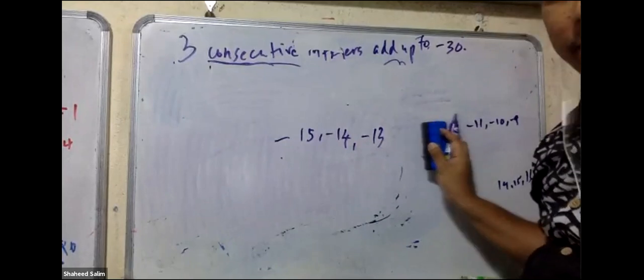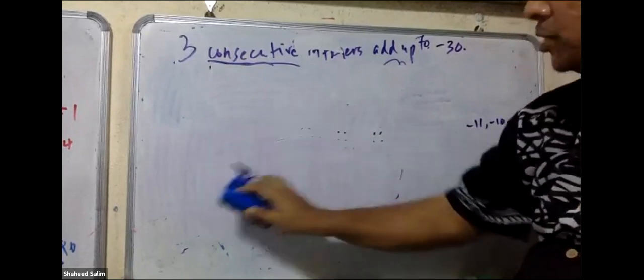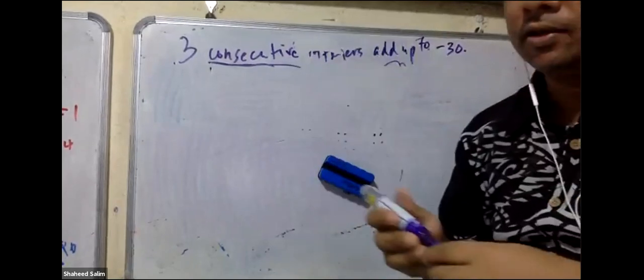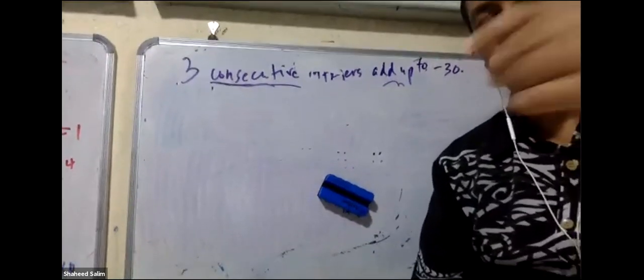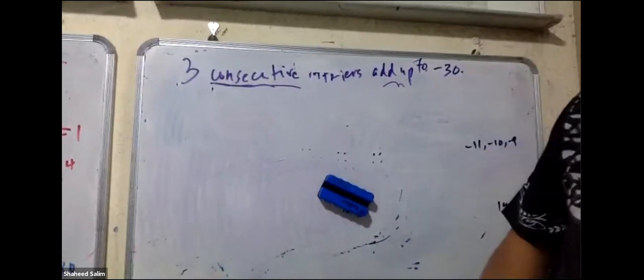You get it? The same thing, Emma. Same thing, you try. Same way you did just now. But this is not odd or even, just 3 consecutive integers. Because they may give you this in your exam. You never know. Okay, come, you try. Equals to negative 30.